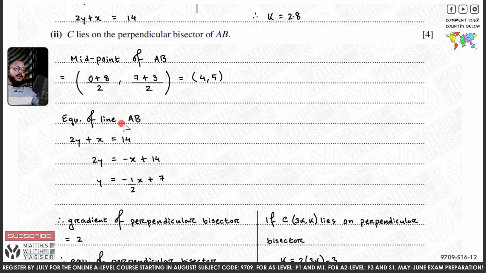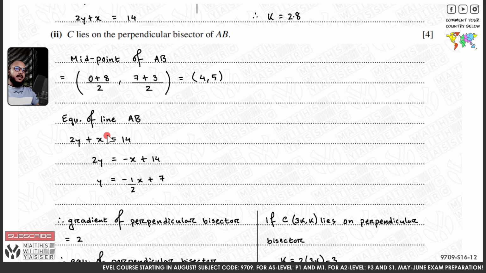And the equation of the line AB was 2y plus x equals 14. This was the equation of the line AB which we found earlier. So 2y equals minus x plus 14. That means y equals negative half x plus 7. The reason why we have done this is to figure out the gradient of the line AB.